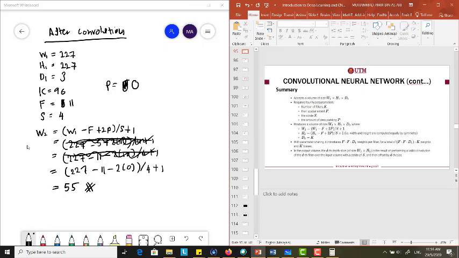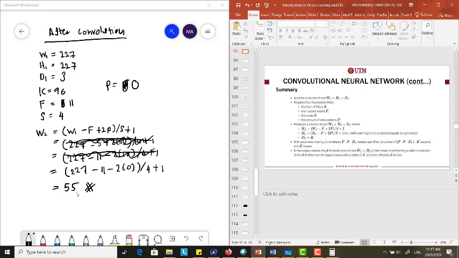So just to find the output width, I will show you one example. Later you can compute all of W2, H2, as well as D2. For W2 you apply this formula, and then I just fill in the numbers in this formula. These are the numbers that I filled in. At the end I get 55.